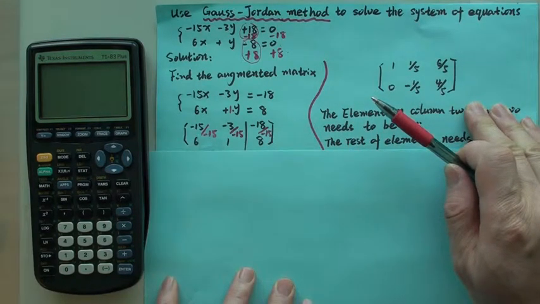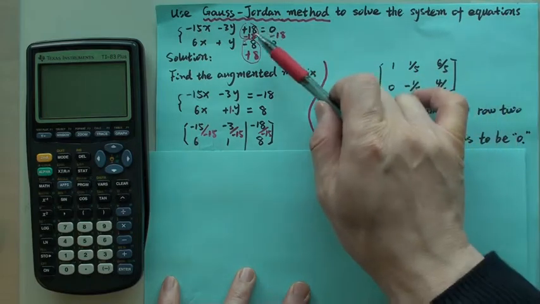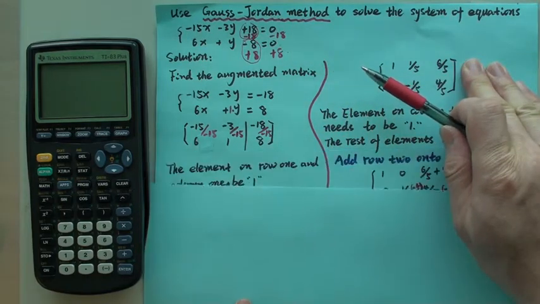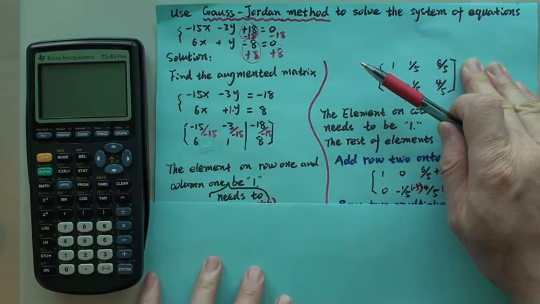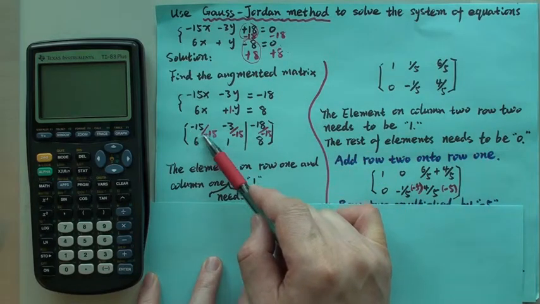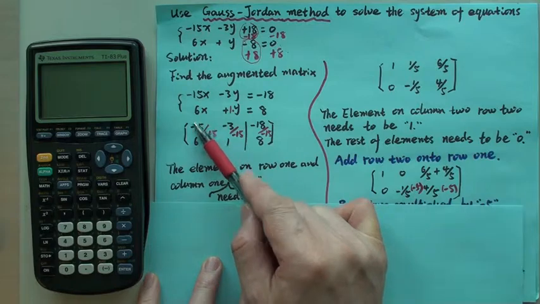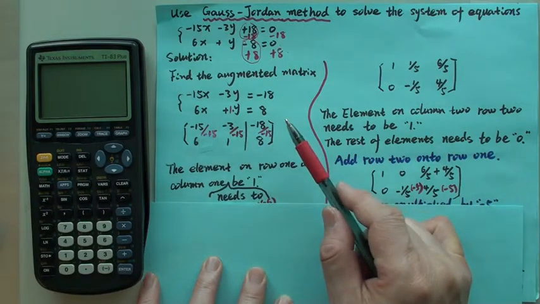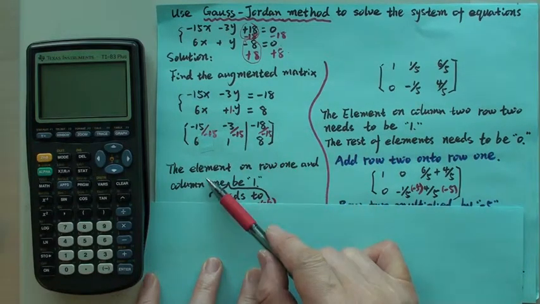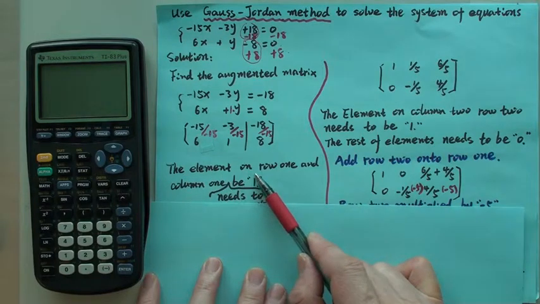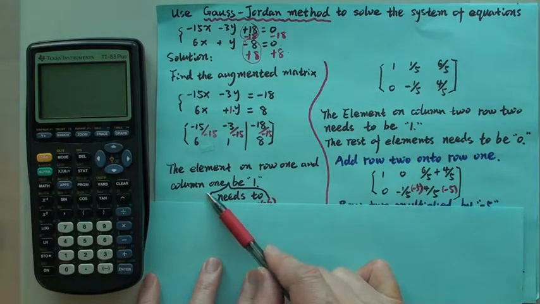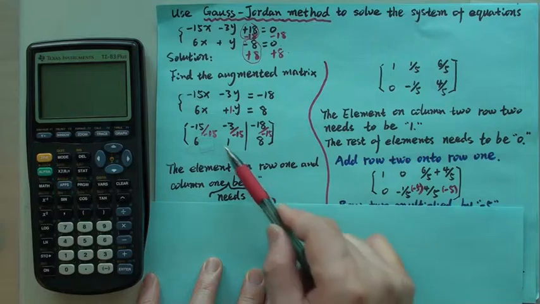All right, keep going. The Gauss Jordan method needs the element in the first row, first column to be 1 first. So the element on row 1 and column 1 needs to be 1.